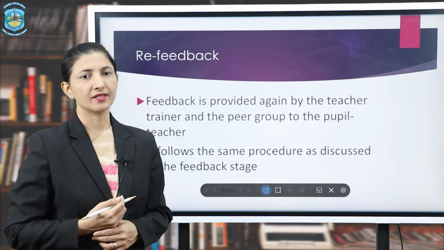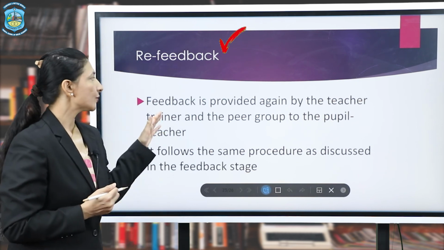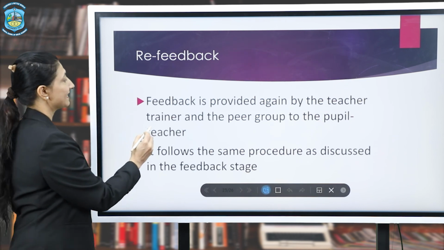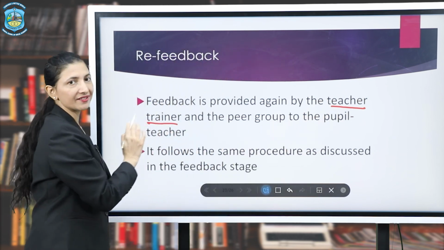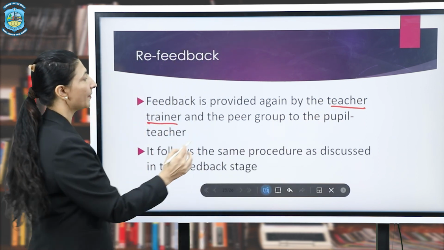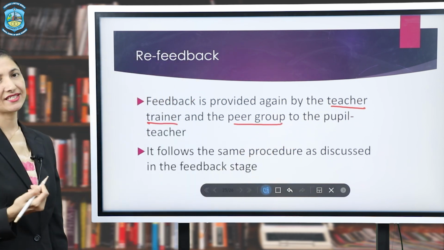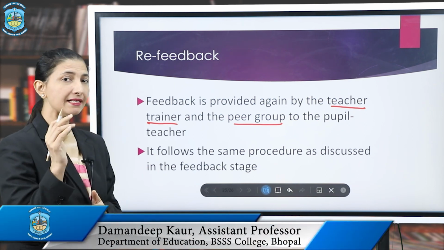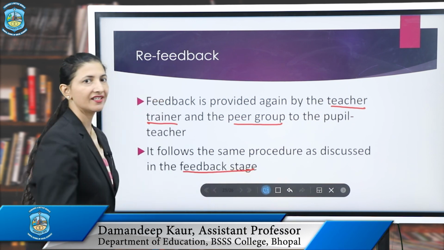After reteaching, there will be a re-feedback. So, feedback is provided again by the teacher trainer and the peer group to the pupil teacher. It follows the same procedure as discussed in the feedback stage earlier.